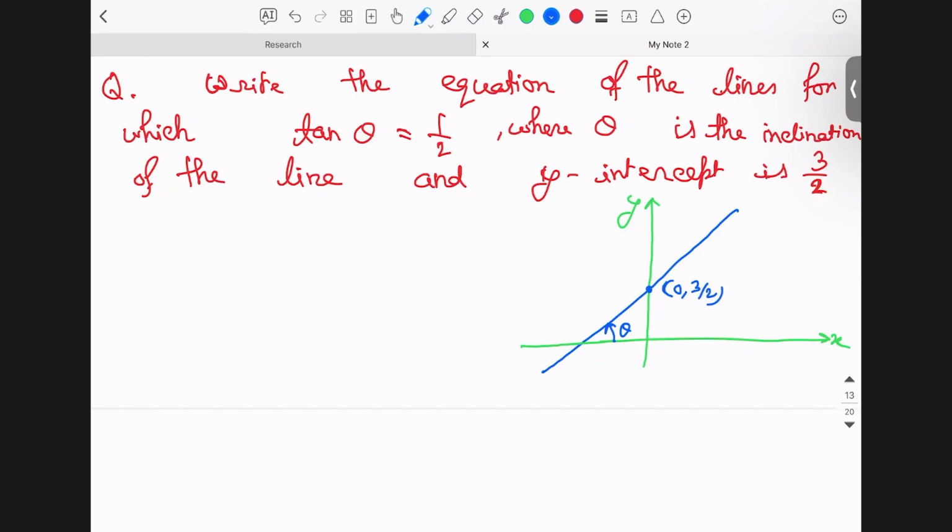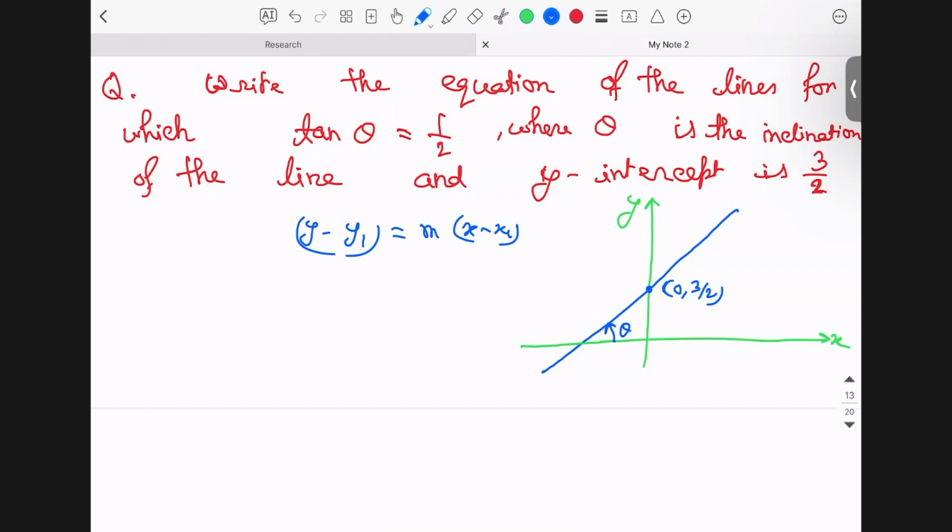Now, we know the equation of the straight line will be of the form y minus y1 equals m into x minus x1. So we can just put m equals half, x1 equals 0, y1 equals 3 by 2.